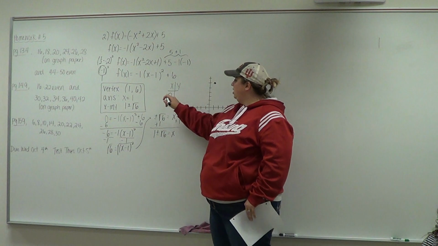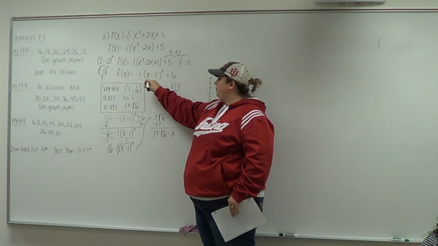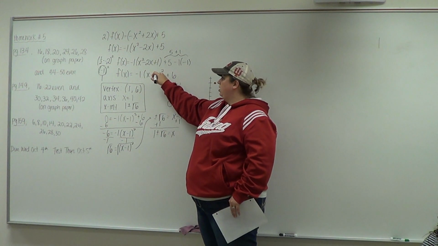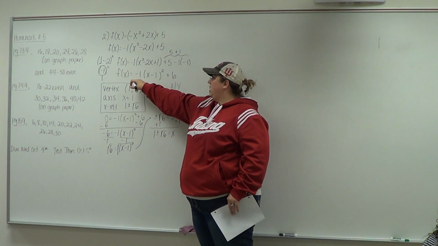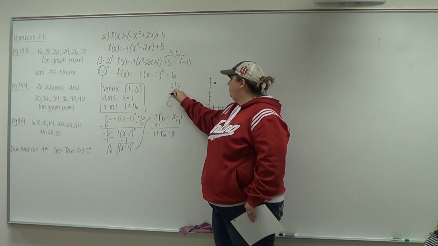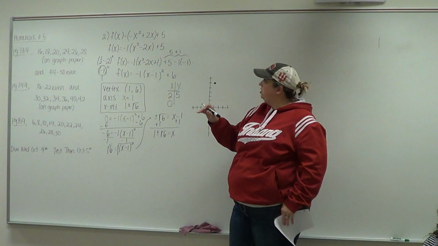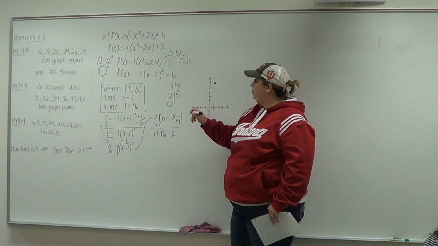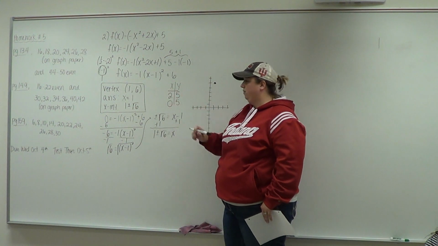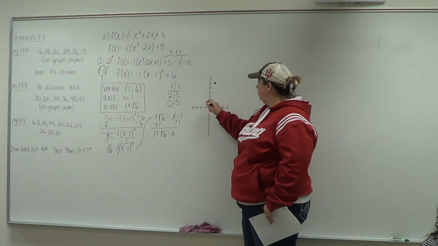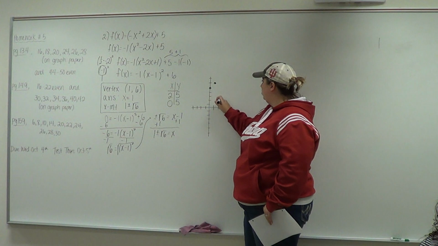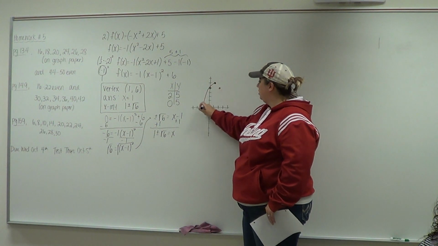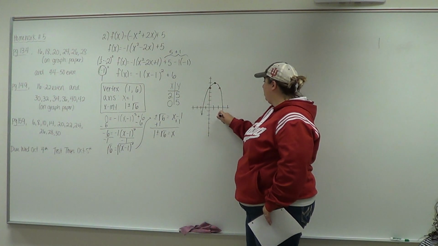So if I plug in 2, 2 minus 1 is 1, 1 squared is 1, times negative 1 is negative 1, plus 6 is 5. And if you plug these numbers into the original, you should still get the same answer. So that means when I plug in 0, I also get 5, because they're symmetrical. So I'm going to plot those points. And then this goes down.